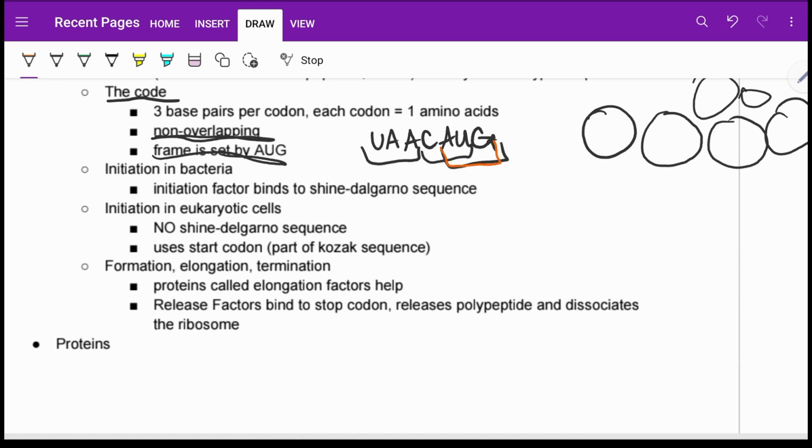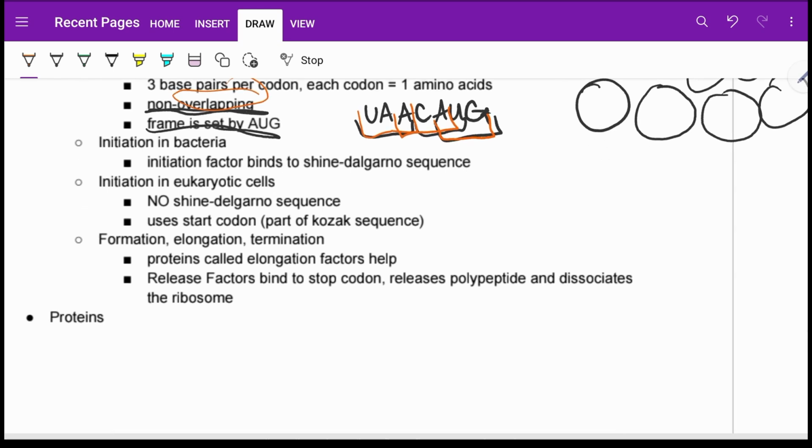Nothing happens until you hit that AUG and then it's go time. It's also non-overlapping, so you will never go UAA and then ACA. That's not how it works. It will always just be three at a time, and you will never overlap the three.